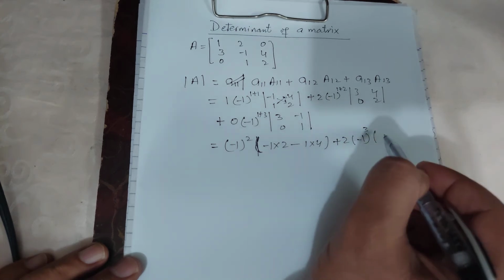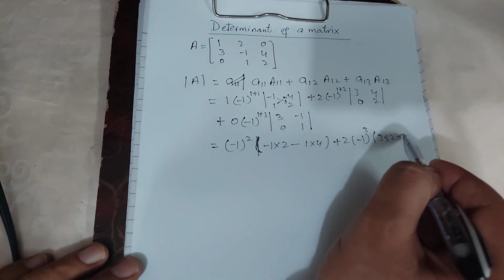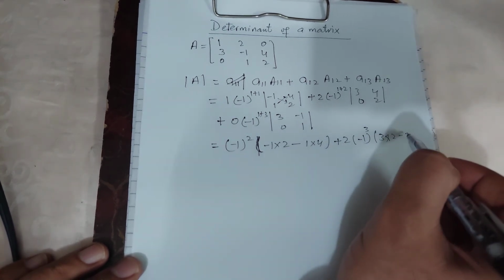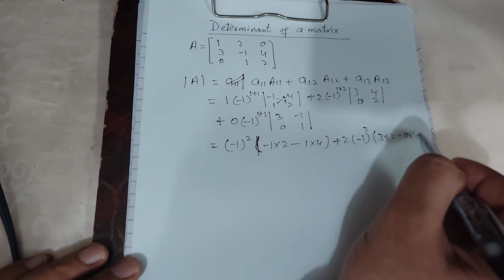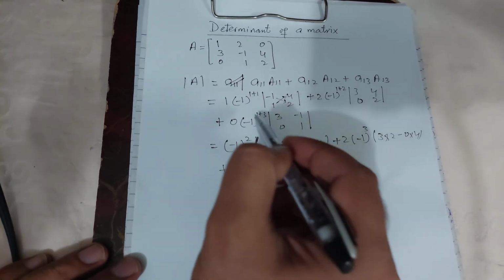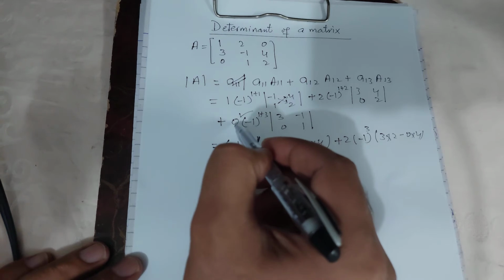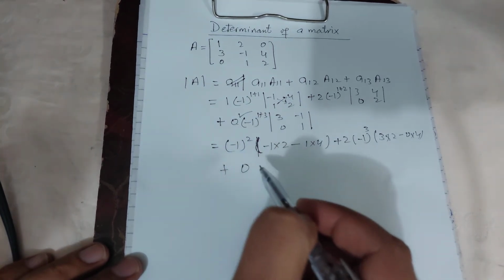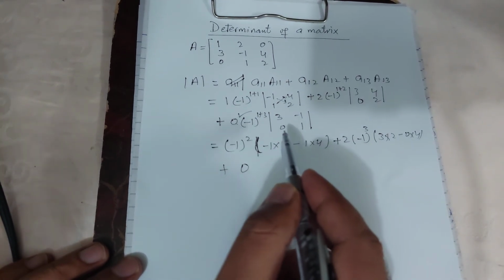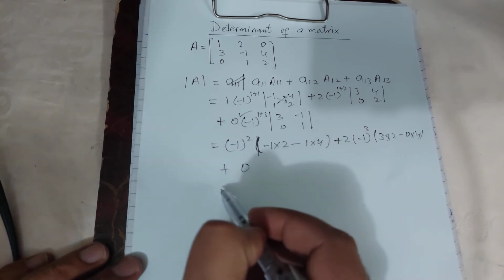And again 3 multiplied by 2 minus 0 multiplied by 4, which is 0, and this whole element will be 0 because of that 0, right? Because 0 will be multiplied with the rest of the elements, so it will become 0.